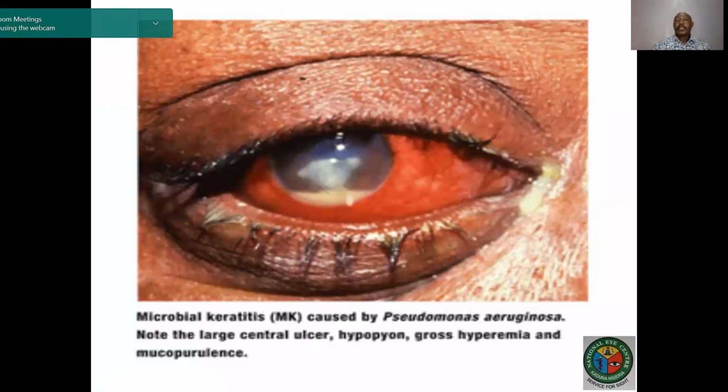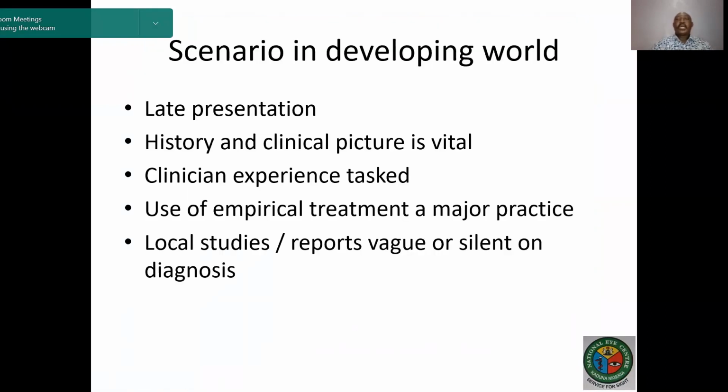And from the scenario we see in the developing world, like I said initially, late presentation has been the typical thing that we have seen in terms of presentation of corneal ulcers.